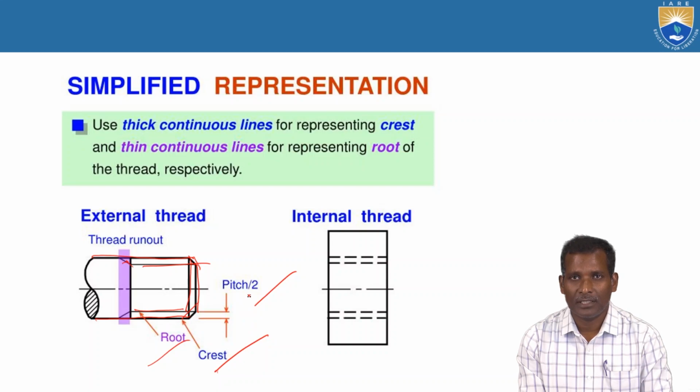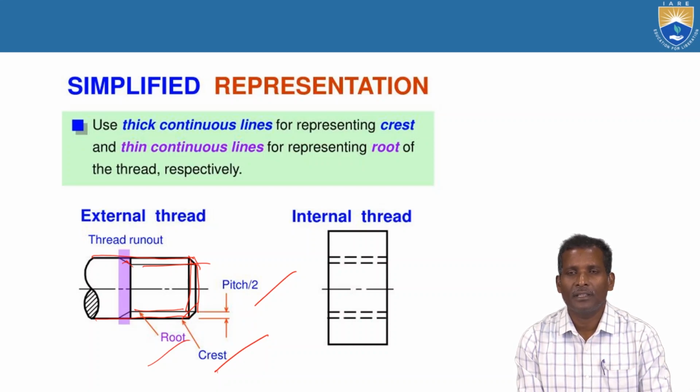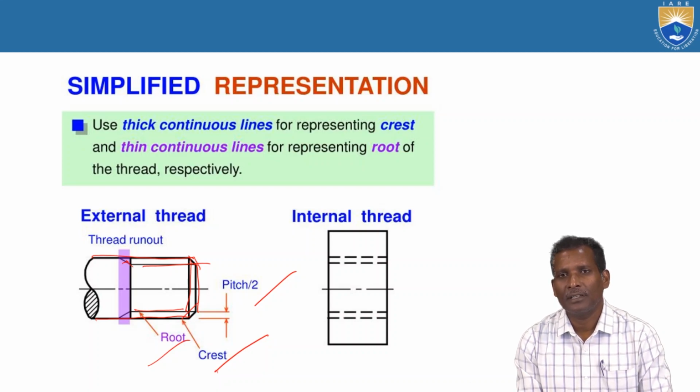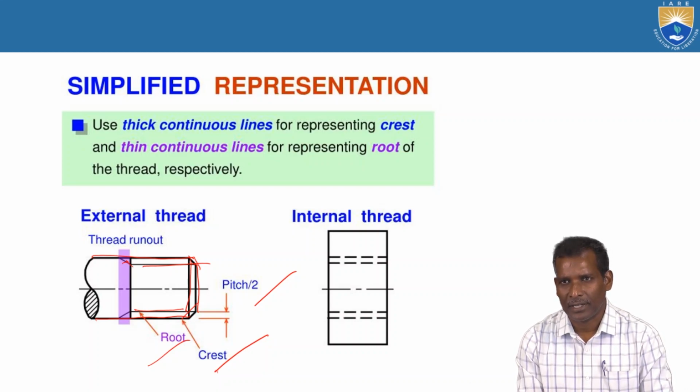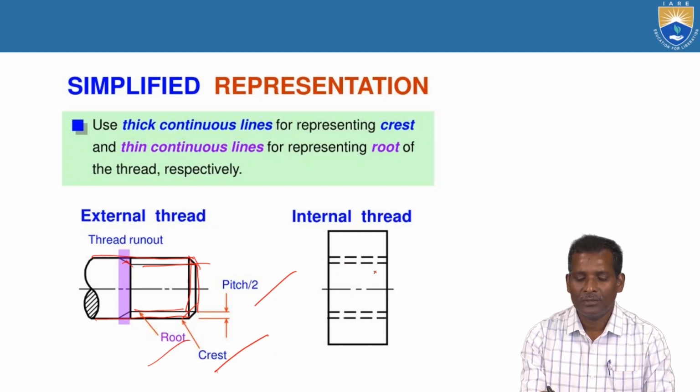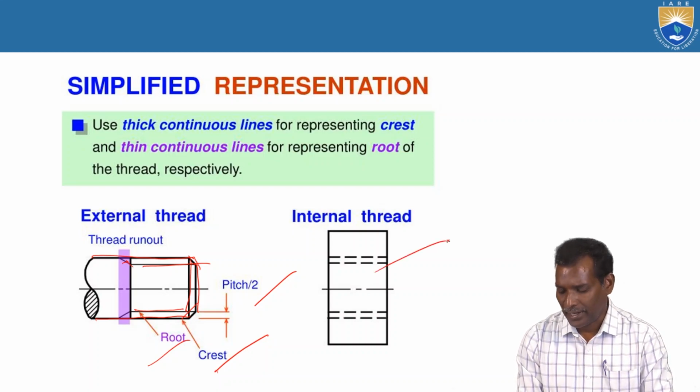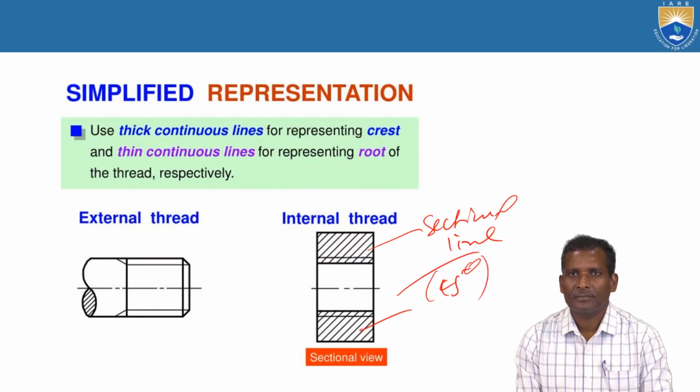The only difference is that thick continuous lines and thin continuous lines have to be used for representing these terms, root and crest. The internal thread is drawn with a dashed line. The sectional views are drawn with the help of section lines.